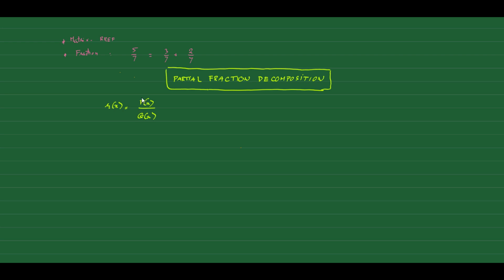In this course, in the homework, we will focus on the case when the degree of p of x is smaller than the degree of q of x. This is the case we're going to consider. If the degree of p of x is greater than the degree of q of x, then we have to do one more extra step, which is division, long division or synthetic division we already learned before.